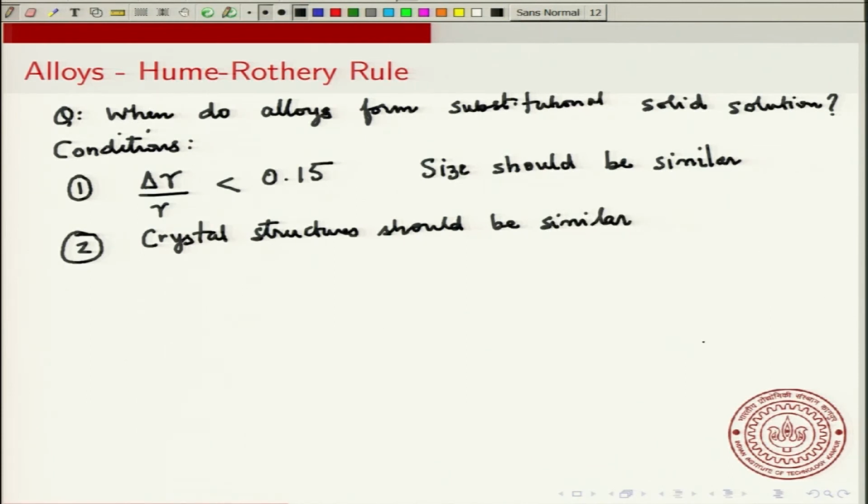So if they both have a cubic close pack, that is very good, or if they both have hexagonal close pack, that is very good, or if they both have body centered cubic, that is also very good. Of course, their sizes will be different, because they are two different atoms. But you could also imagine that a cubic close pack and a hexagonal close pack could in principle form a solid solution, because as we have seen, cubic close pack and hexagonal close pack are actually quite similar.